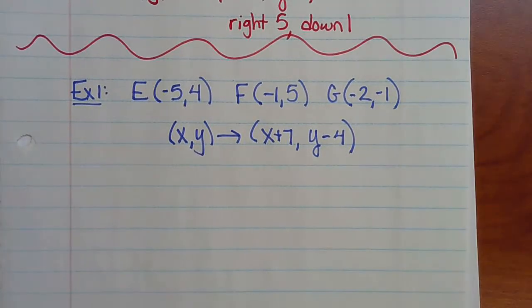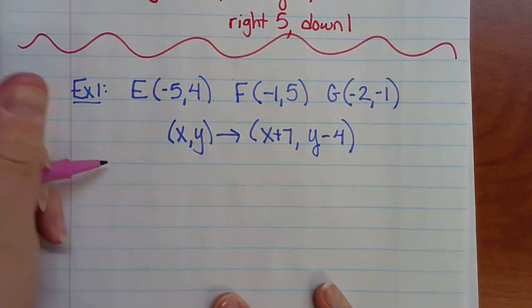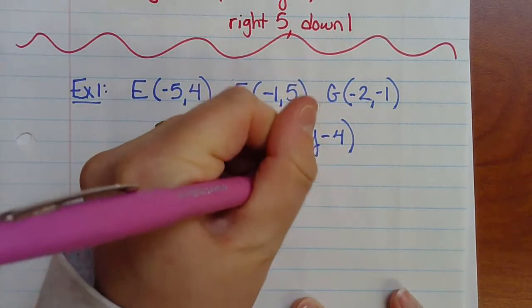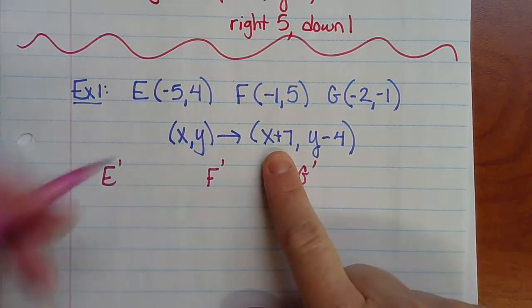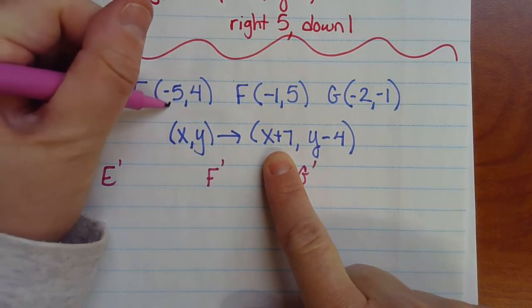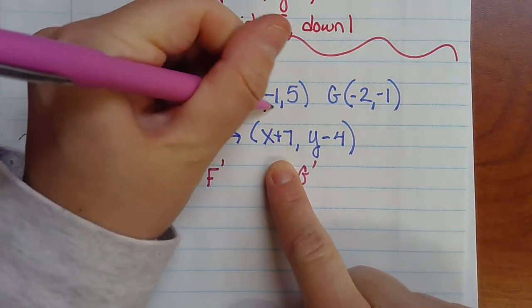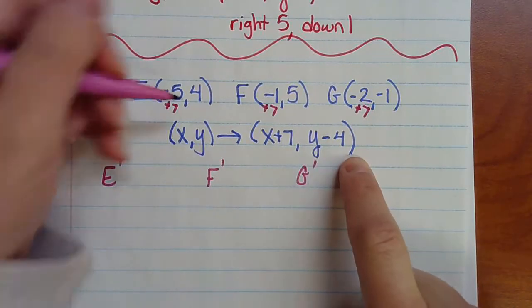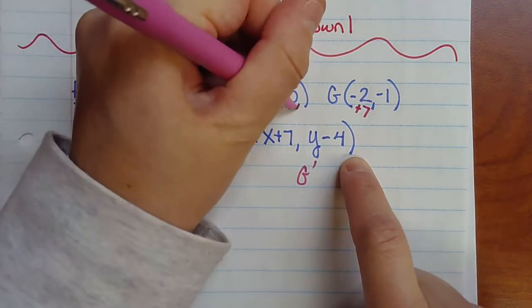And what that ends up giving me are my E prime, F prime, G prime, like what we did with reflections. So I take every single X value and I add 7, and I take every single Y value and subtract 4.